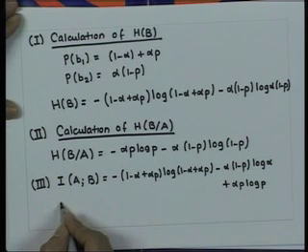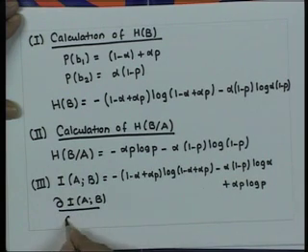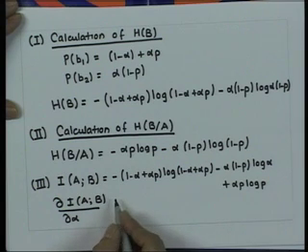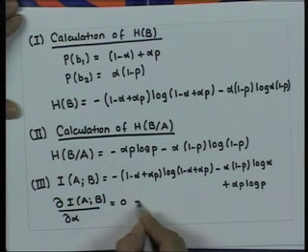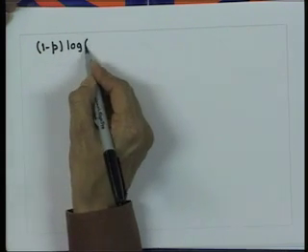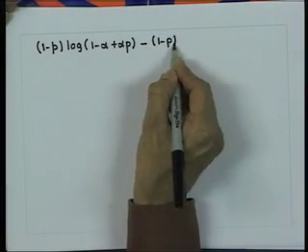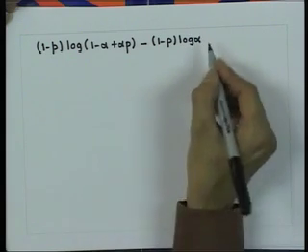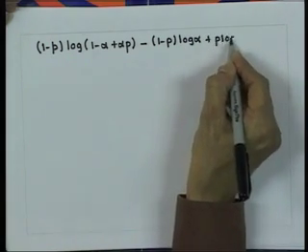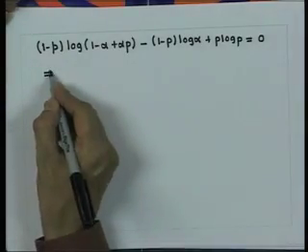So, if we take the derivative of I(A;B) with respect to alpha and then equate to 0, this will imply that (1-p) log(1 - alpha + alpha p) - (1-p) log alpha + p log p = 0.